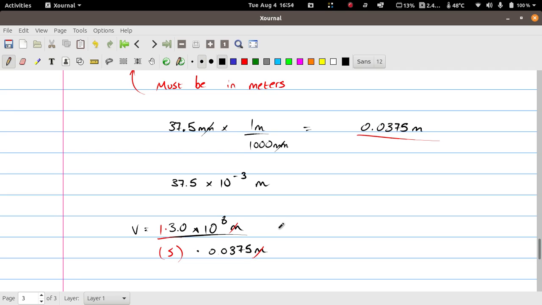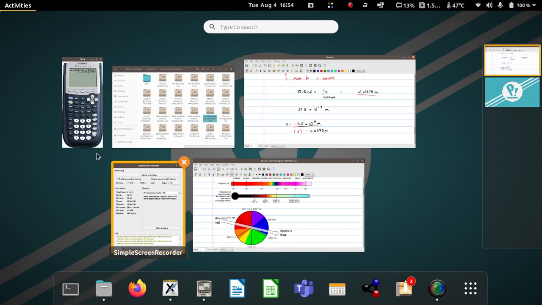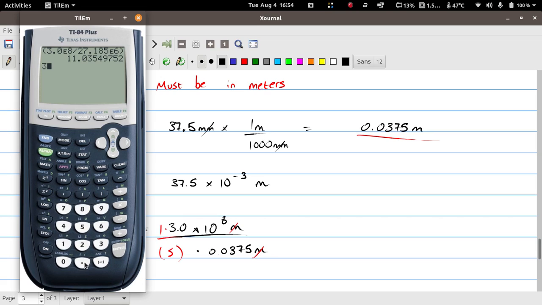But, so let's just plug this in the calculator. It's going to be quite a large number. So we have 3.0E8 divided by 0.0375. And you could do it the other way too. I'll do it both ways and show you that you get the same thing. So 3.0E8 divided by 37.5E negative 3.